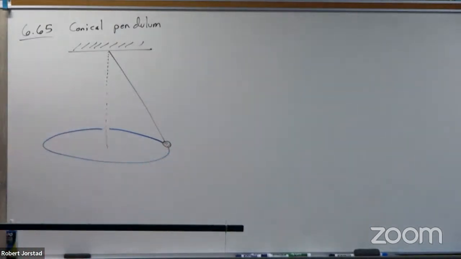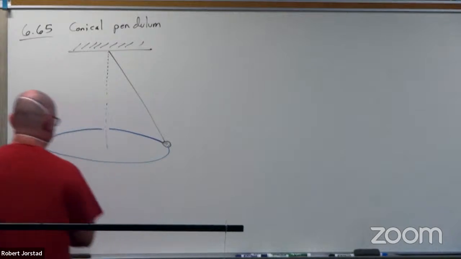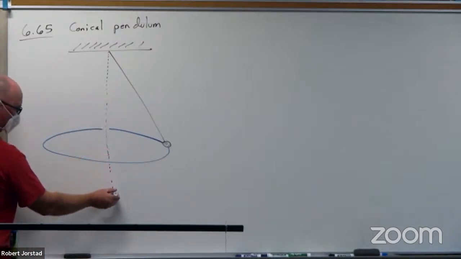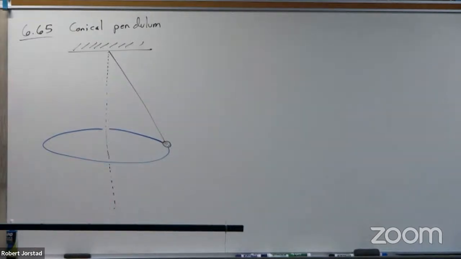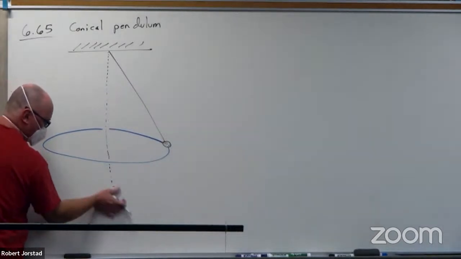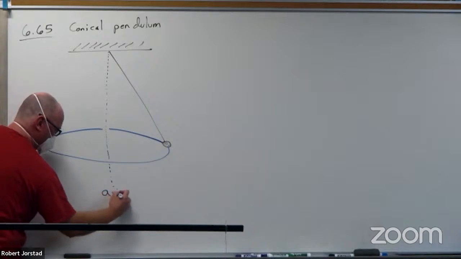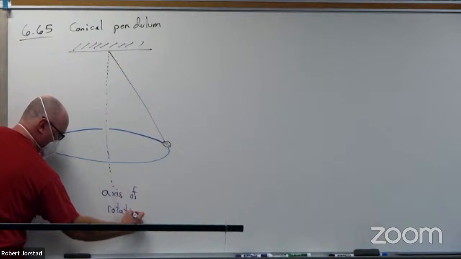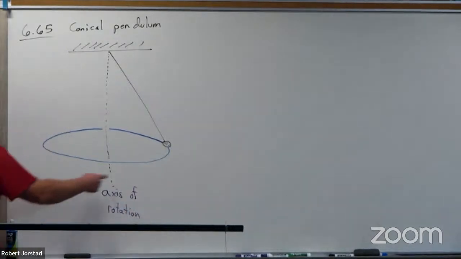I'm trying to draw that. That's approximately circular. So to be clear here, this is the axis of rotation. The ball is going around in this circular path.